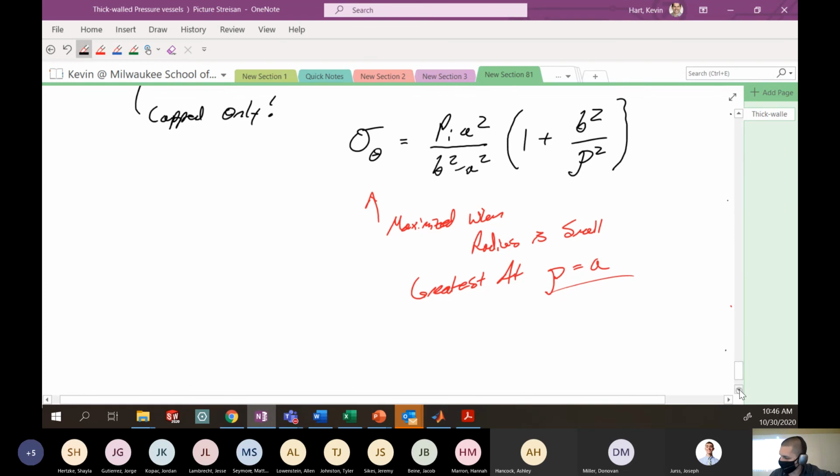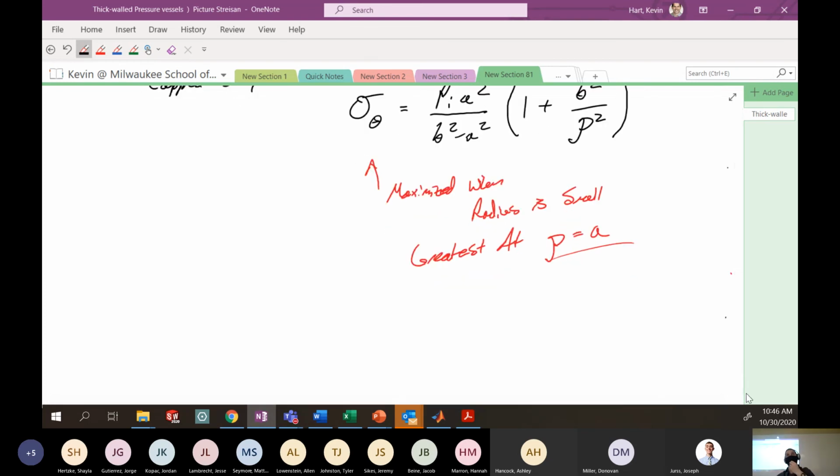So that's probably the most common special condition. One other special condition you might want to talk about is not the case of external pressure only. That's kind of the same process here. But the case of no internal structure, so a solid cylinder.